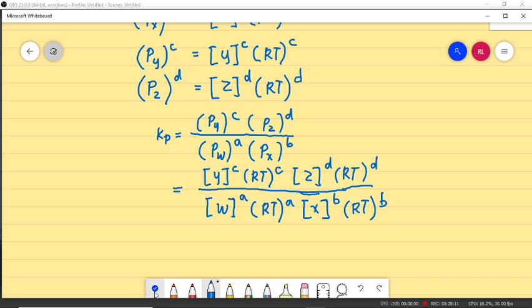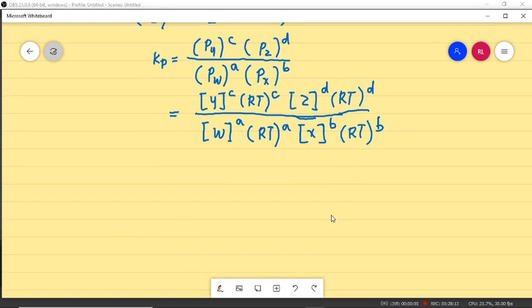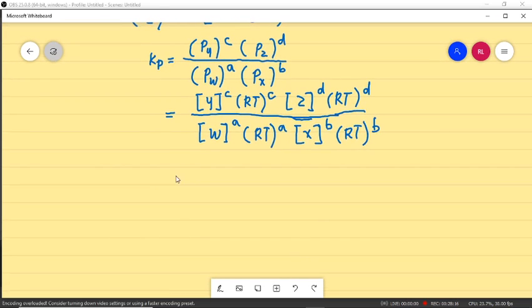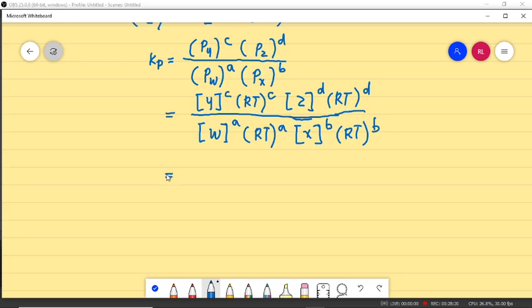Okay, and then we will combine the same expressions, kasi meron tayong common terms dito, yung RT, right? So what will you do to the exponents if the bases are the same? Copy the common base and subtract the exponents because you are dividing. So anong mangyayari dito?